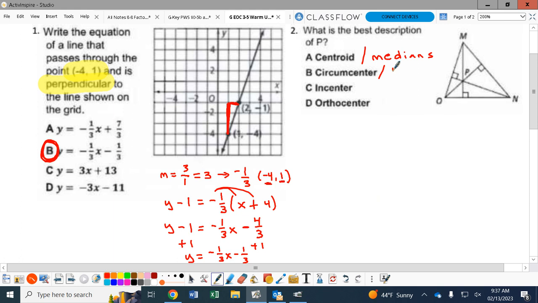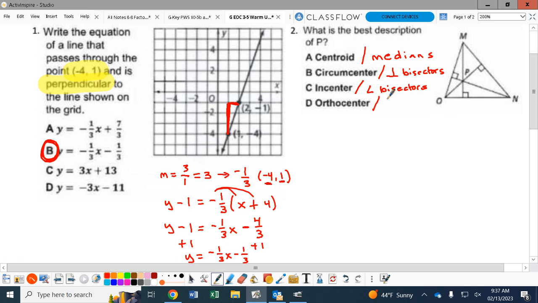I'm going to write it as a symbol because I don't have enough room. Okay. Incenters are going to be the intersection point or the point of concurrency for angle bisectors. And the last one, the orthocenter.